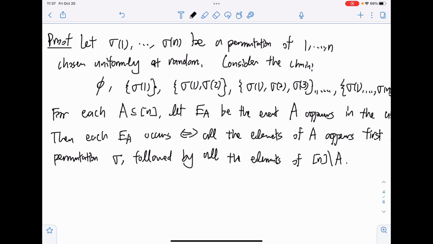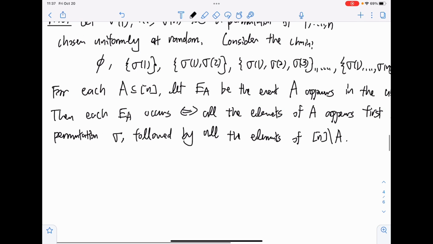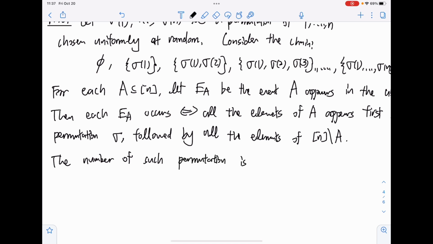And you can see from the chain that each set in the chain is the set of sigma 1 to sigma k. And we can see that the number of such permutations is the size of A factorial times n minus the size of A, also factorial.